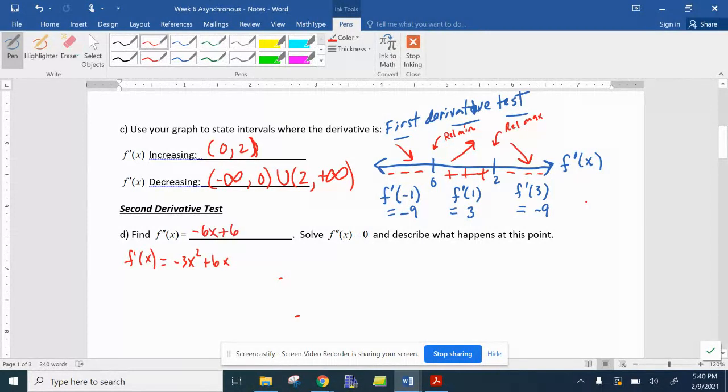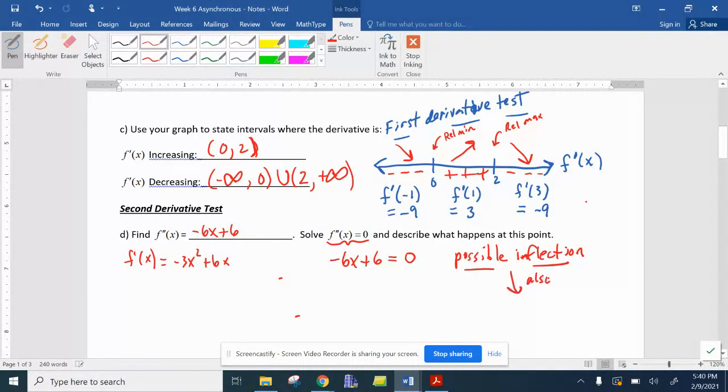And when I set the second derivative equal to 0, what I'm getting here are possible inflection points. I'm emphasizing possible because there's one other thing we have to check.